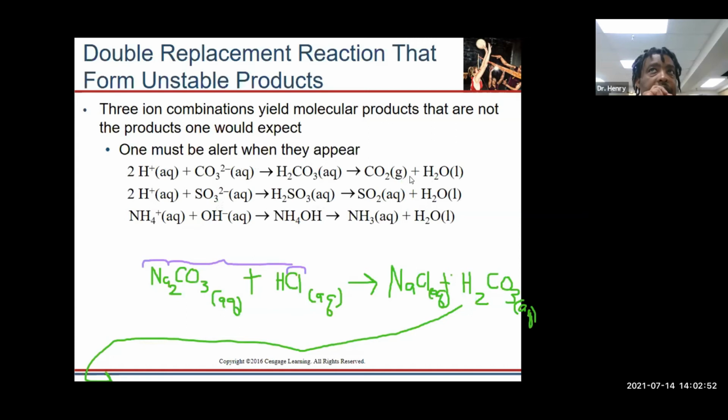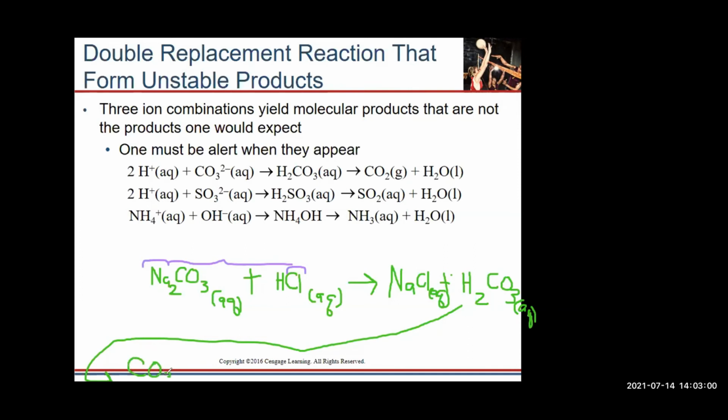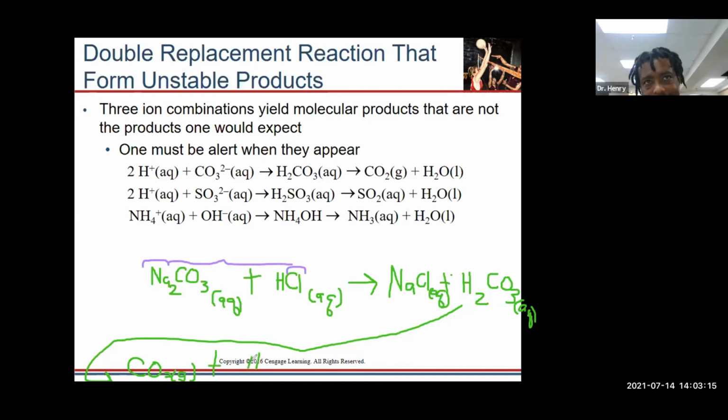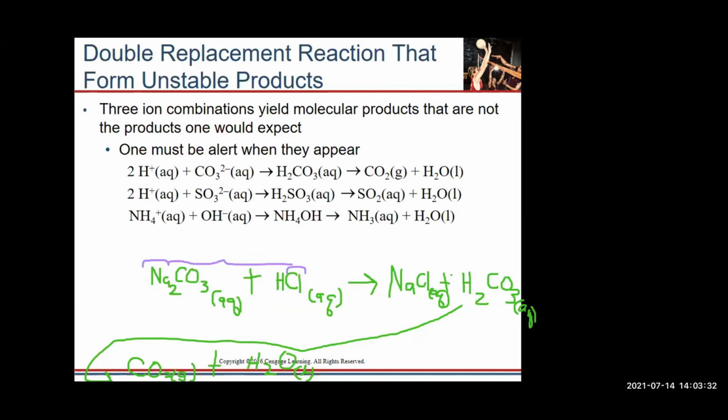Okay, so it's going to break down immediately to CO2 gas plus H2O liquid. Are you guys clear on that? Yeah. Okay.